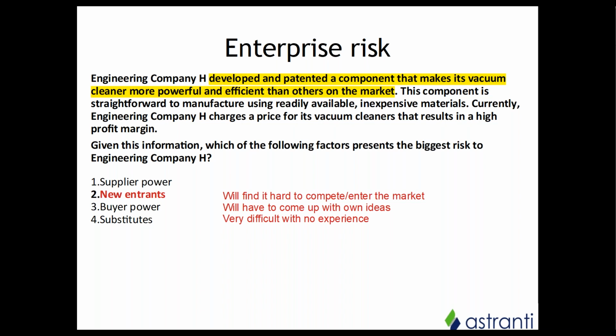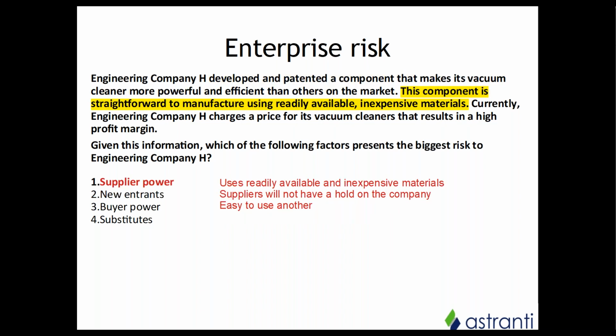So this means that new entrants cannot legally use this component to improve their product. So if anything, that's going to reduce the risk of new entrants coming up with something that is going to be better than ours. And that's going to be very difficult, particularly for a new entrant that has no experience. So it's unlikely to be the biggest factor for us is someone else coming into the market.